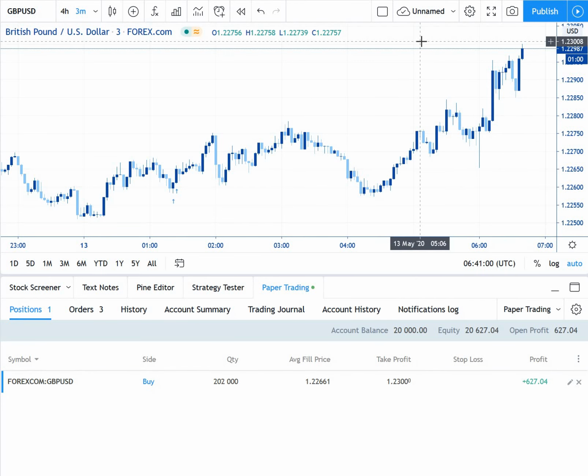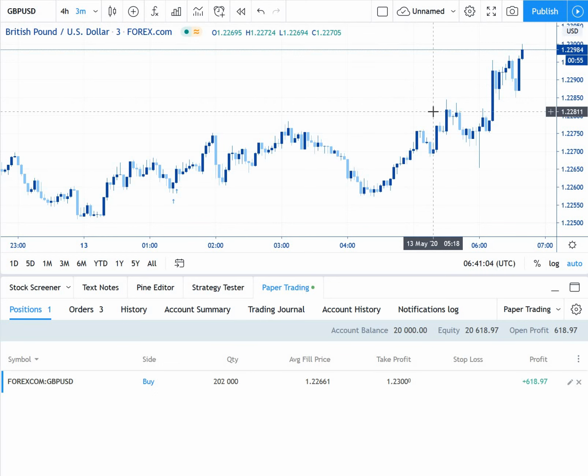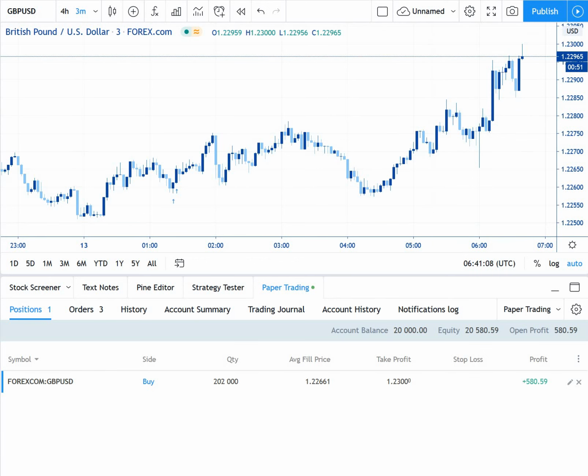Let's go a little higher. This is a demo account, and the spread is pretty wide, so that's another problem. I'm gonna kill the trade. If it breaks below that top, I'm gonna kill it and sell it. I'm gonna just wait a little.